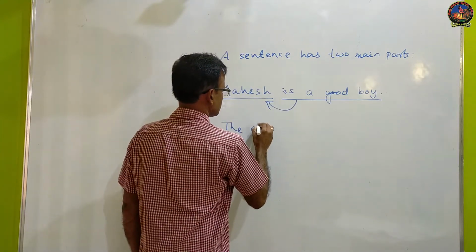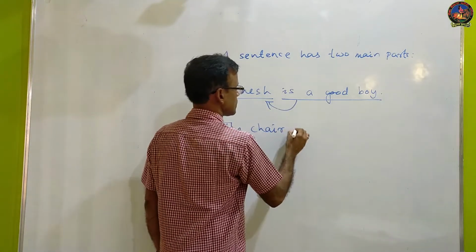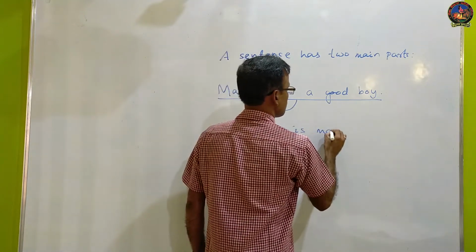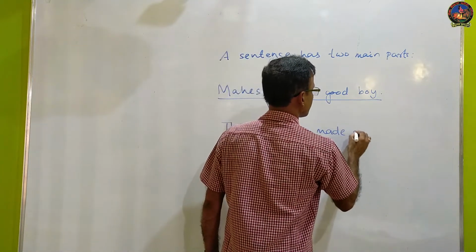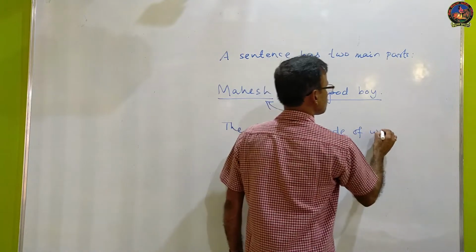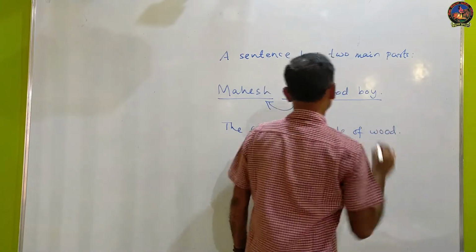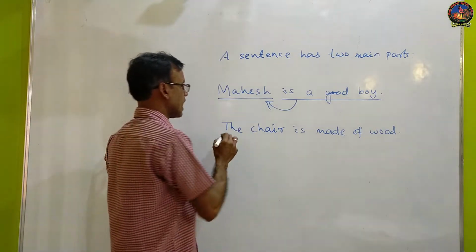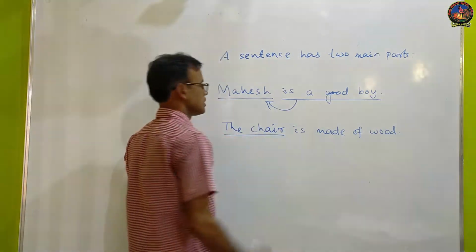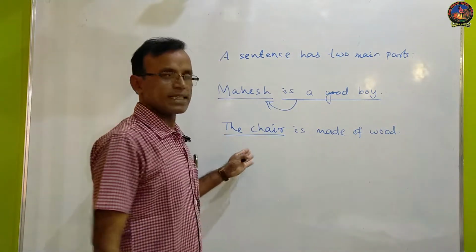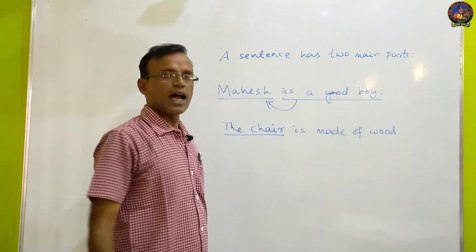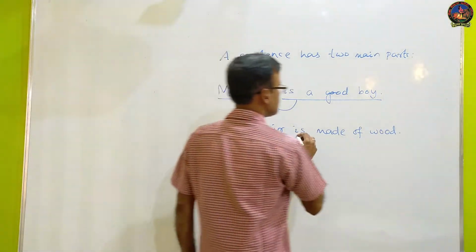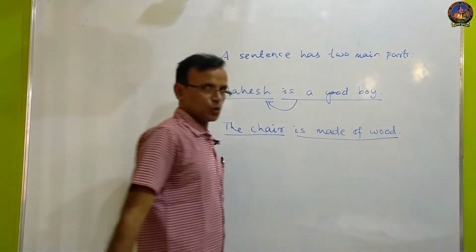The chair is made of wood. Here is another example. In this, I said about the chair. The chair is an object or a thing, and I said that it is made of wood.